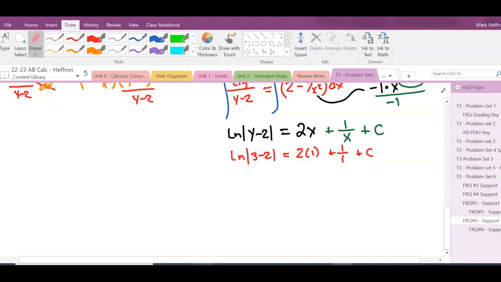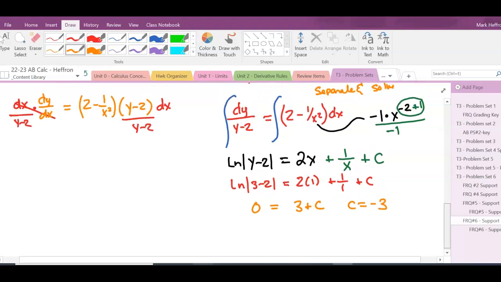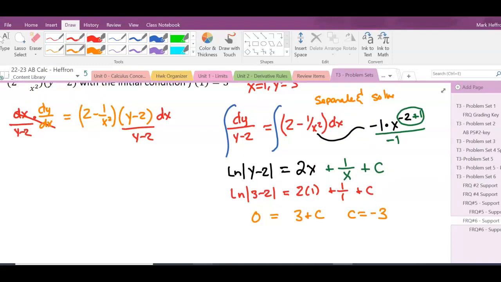So I'm going to write that. Natural log of 1 is 0 equals 3 plus c, or c equals negative 3. Now I can go back and plug that c in. Natural log of y minus 2 in absolute value equals 2x plus 1 over x minus 3.